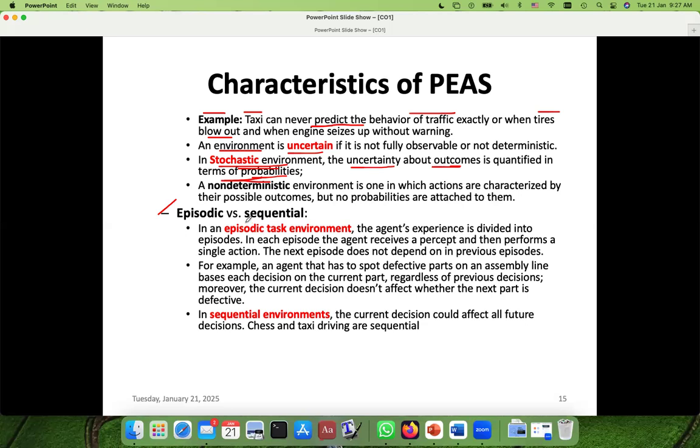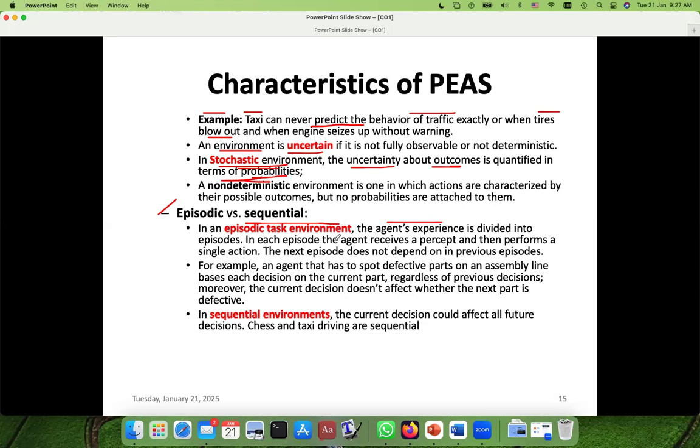So, what is an episodic task environment? This is an environment in which your agent's experience is divided into episodes, or you can say an environment in which your agent will do some task in episodes.